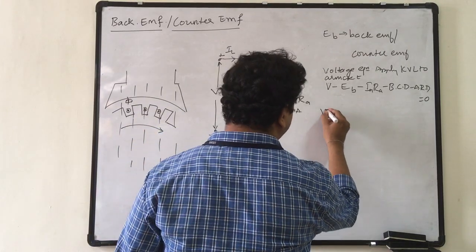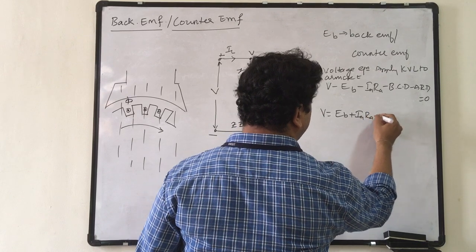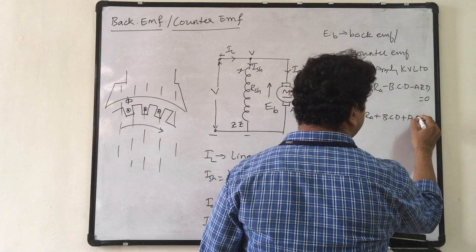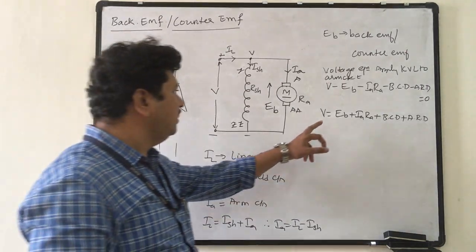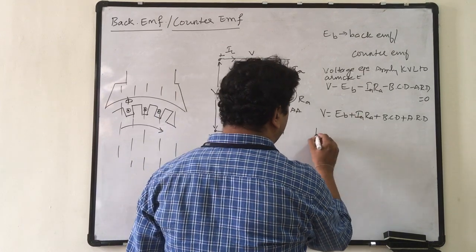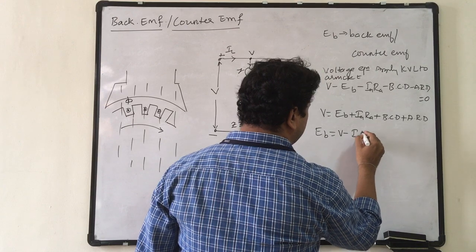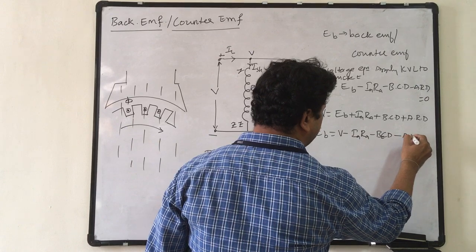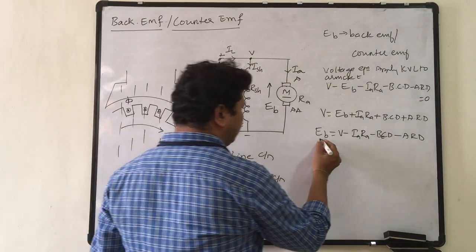Applying KVL to the armature circuit, V is equal to EB plus IARA plus brush contact drop plus armature reaction drop. Or EB is equal to V minus IARA minus BCD minus ARD. So this is the voltage equation.